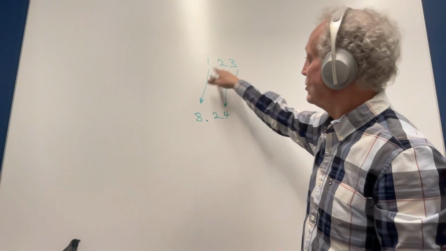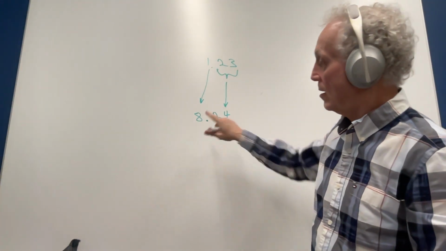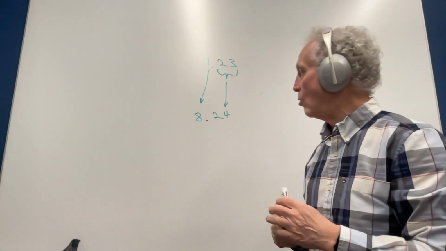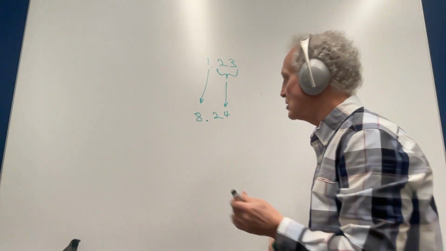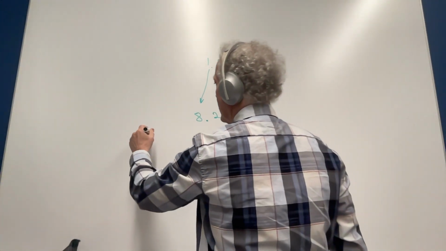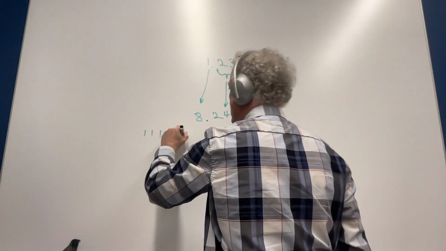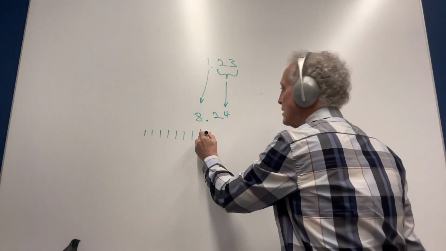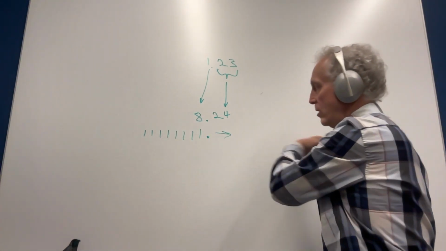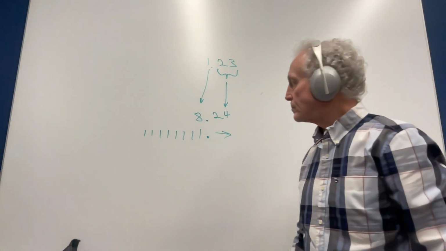The 1.23, the 1 ends up being the first number of the whole number portion. So we have 8 bits here: 1, 2, 3, 4, 5, 6, 7, 8. Got 8 bits and then the dot, and then of course the 24 bits here.